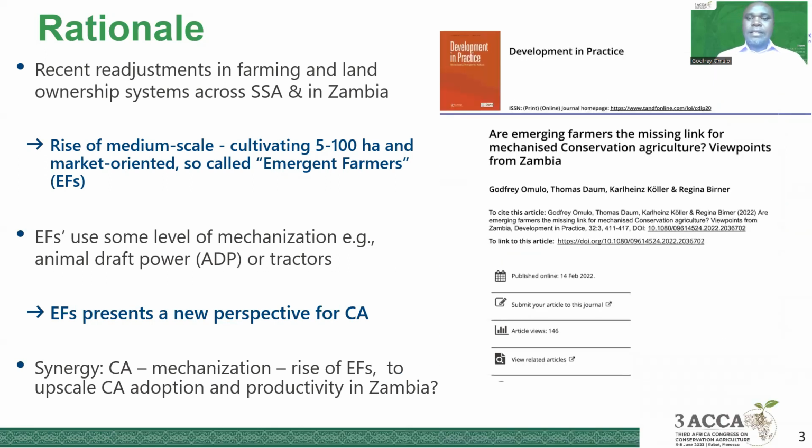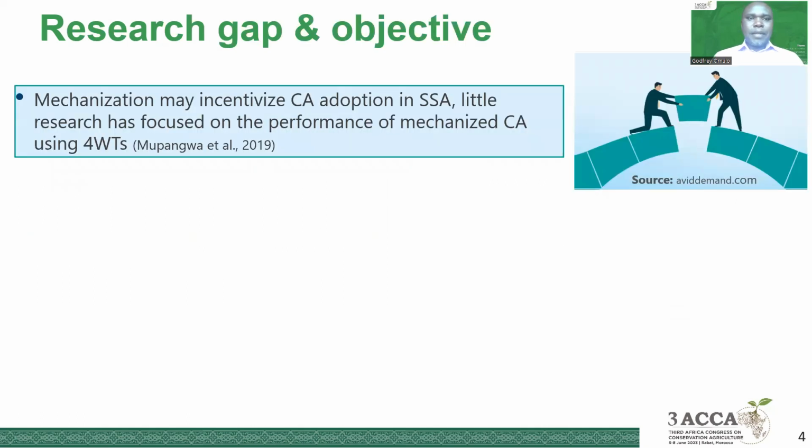And as to whether these emergent farmers could be the missing link for mechanized conservation agriculture also still demands more questions, more answers. This study sought to bridge the gap in literature.